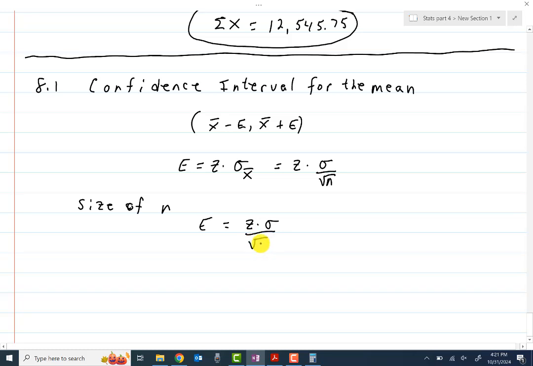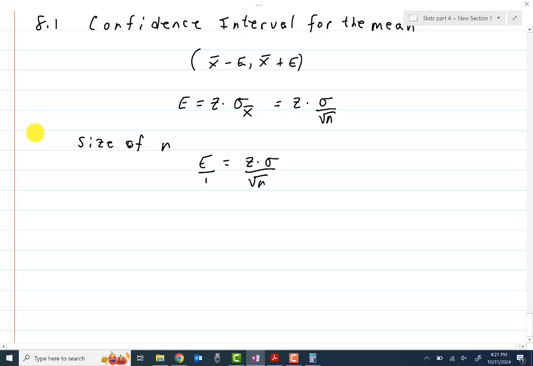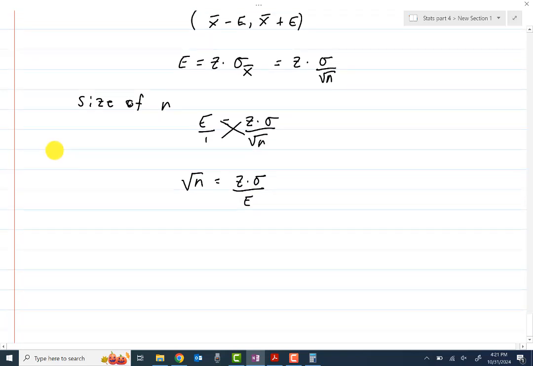I'm just doing the steps to show you how we get the equation. I'm going to cross multiply here. Then I'm going to square everything.